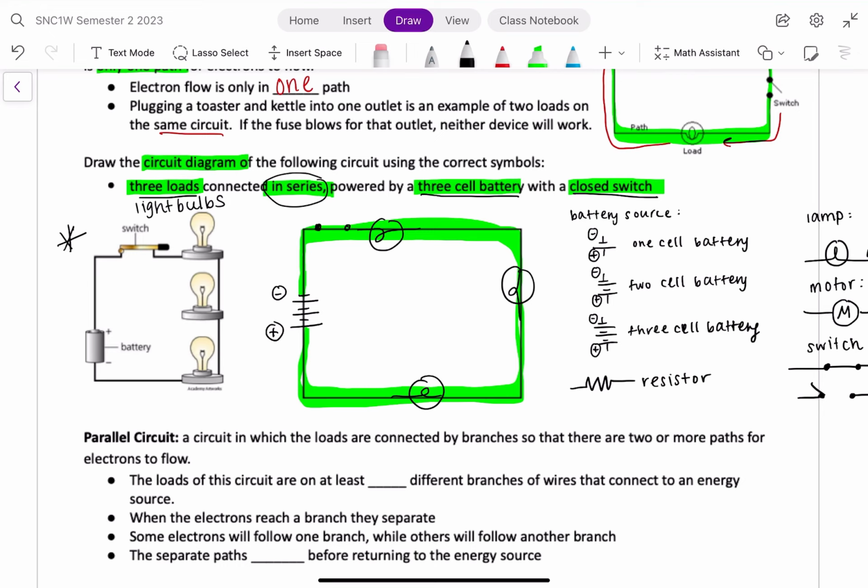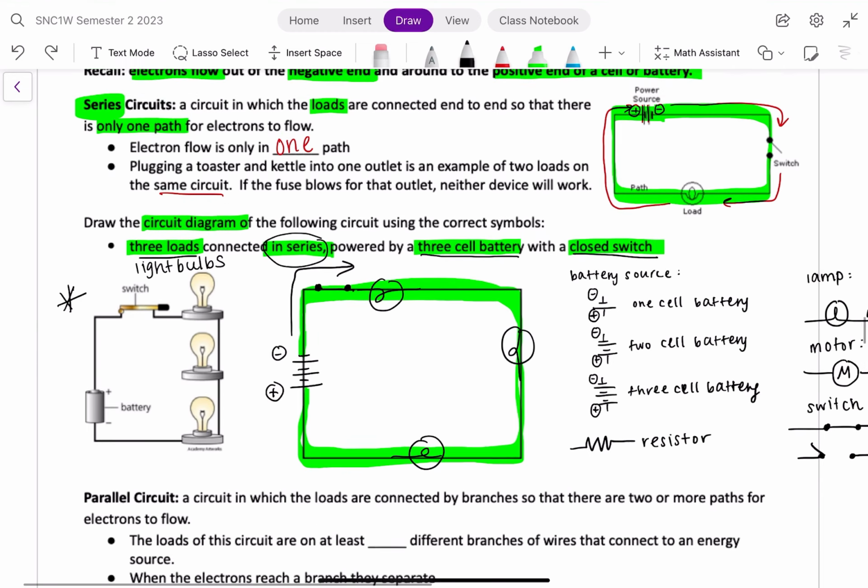So before my light bulbs, I'm going to draw a closed switch. You could also have drawn your closed switch at the end, and that would be correct as well. Okay, so either before or after all of your loads. So that is a series circuit.